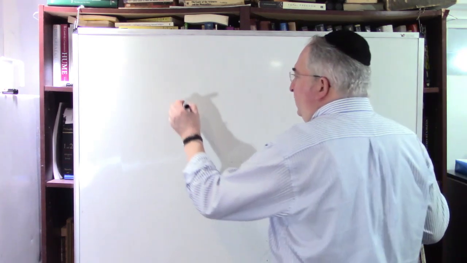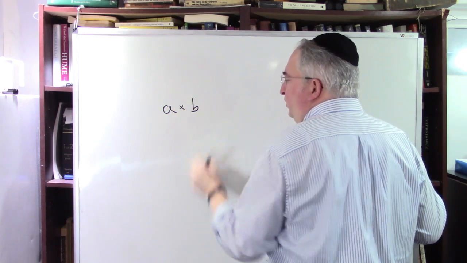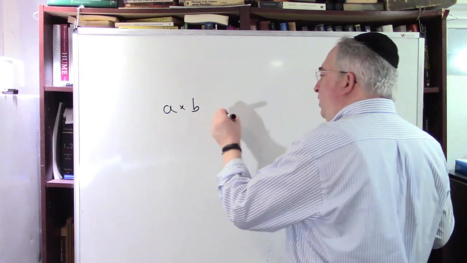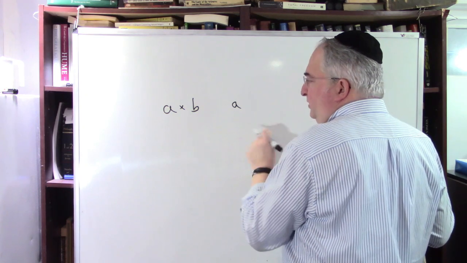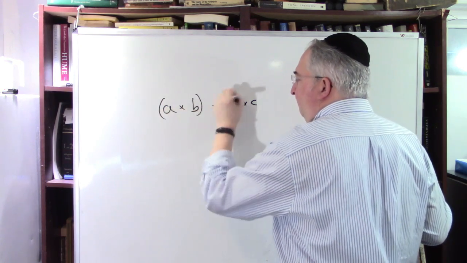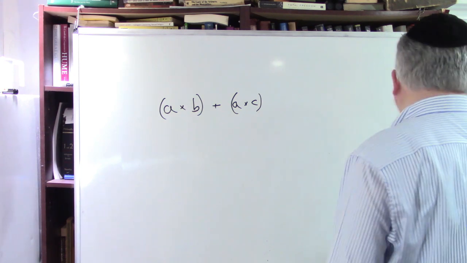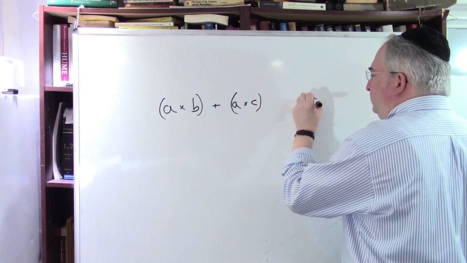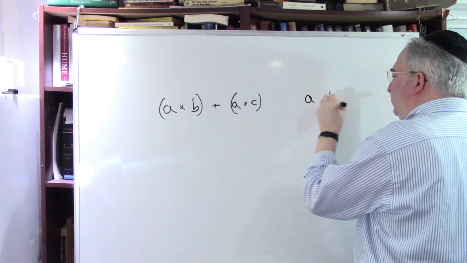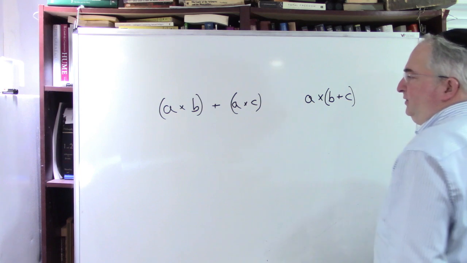Given three objects A, B, and C, we can do A cross B, and also A cross C, and you can take the coproduct of these. Another thing you can do is take the coproduct of B and C, and then take the product of A with that.